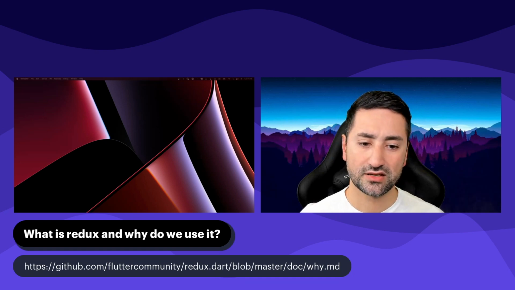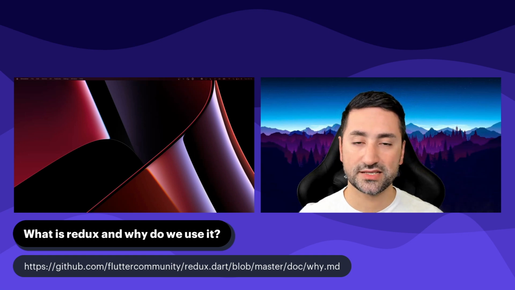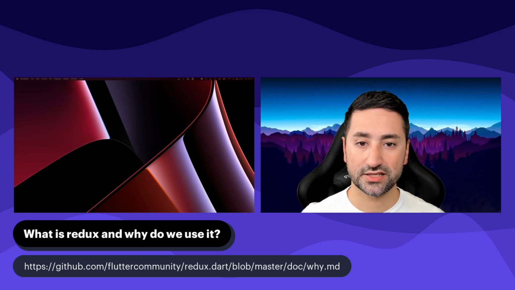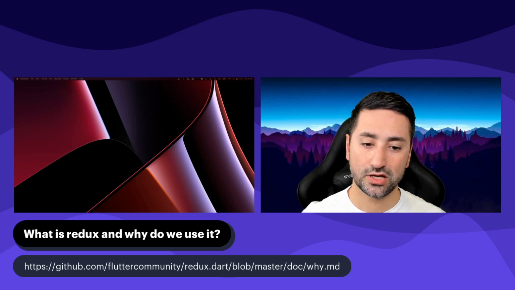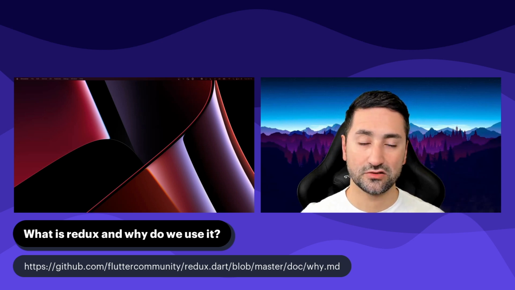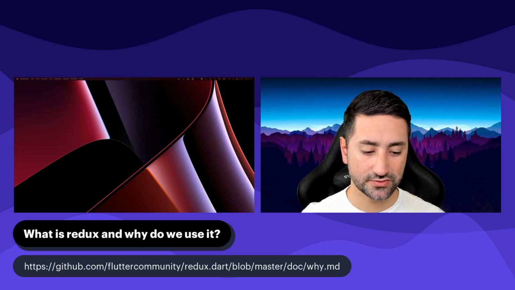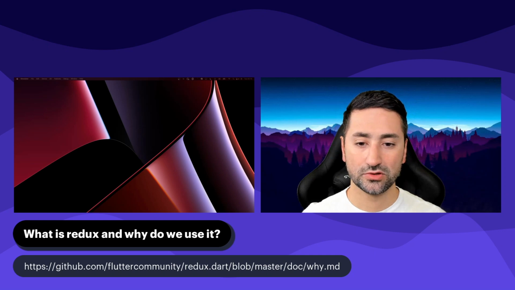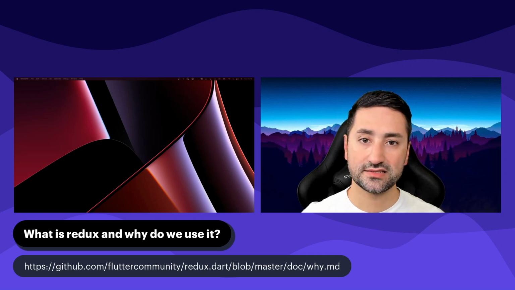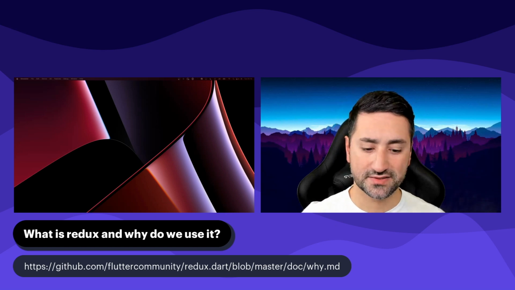So Redux tries to clean that up by saying that the state is kind of like global. There's just one state, and that state is actually called a store, as we'll talk about it soon. And then you will have pure functions that modify that state based on different actions.